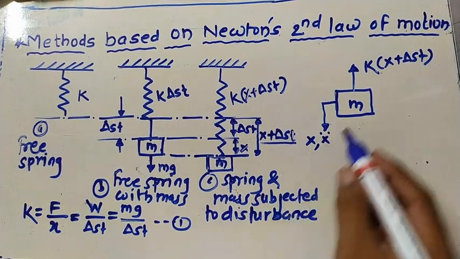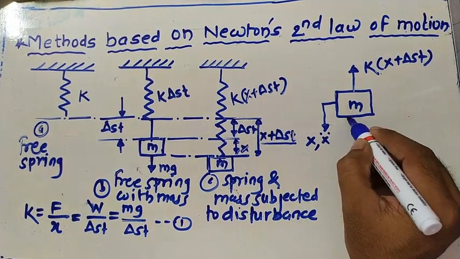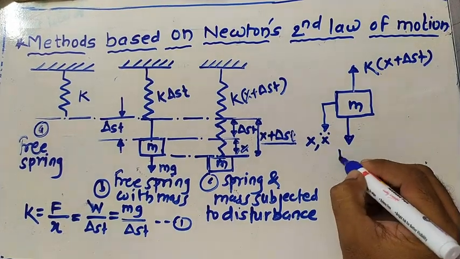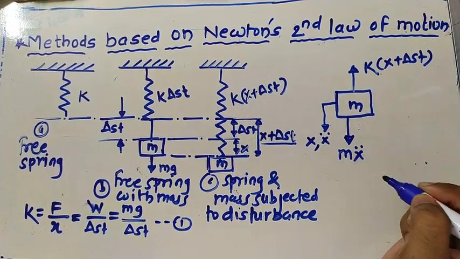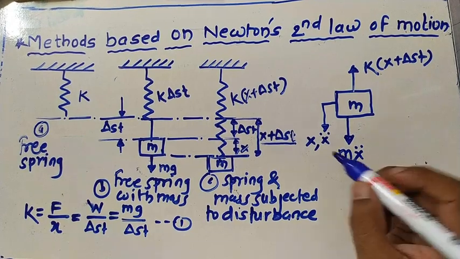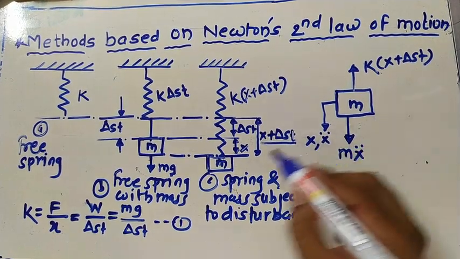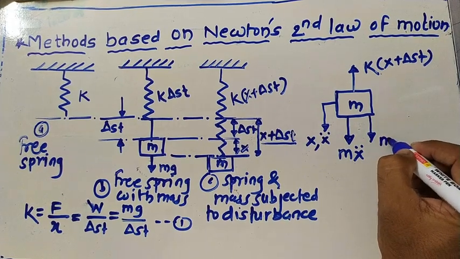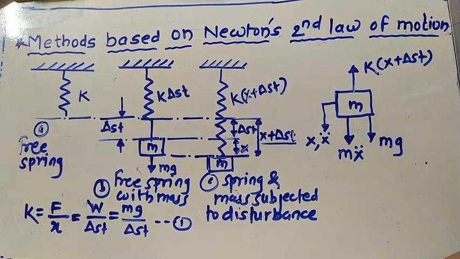The accelerating force, the direction for this one is also downward, whose magnitude is m x double dot. Okay, and the self weight of this one, already I have seen, mg is nothing but the self weight.